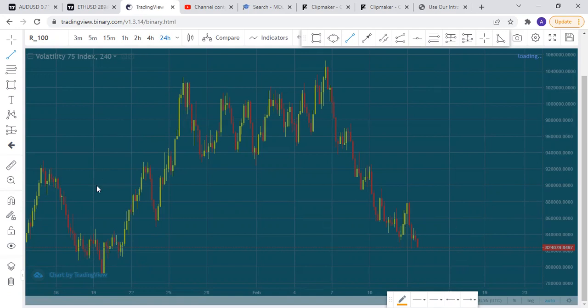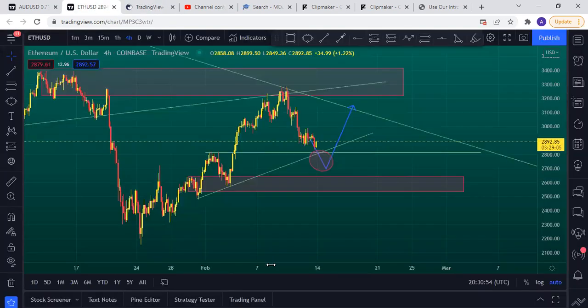All right, synthetic indices are a bit tricky right now. The charts are not loading, I don't know why. So we're going to round up here.